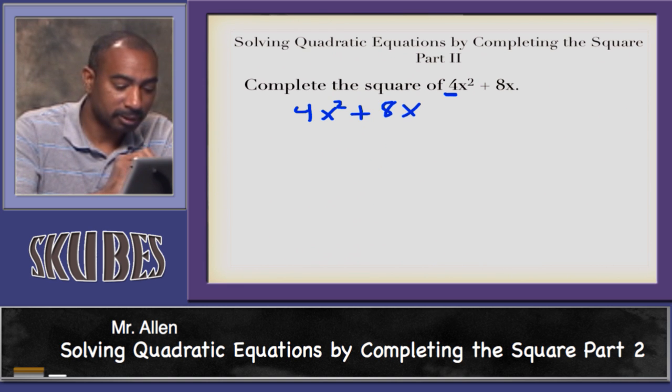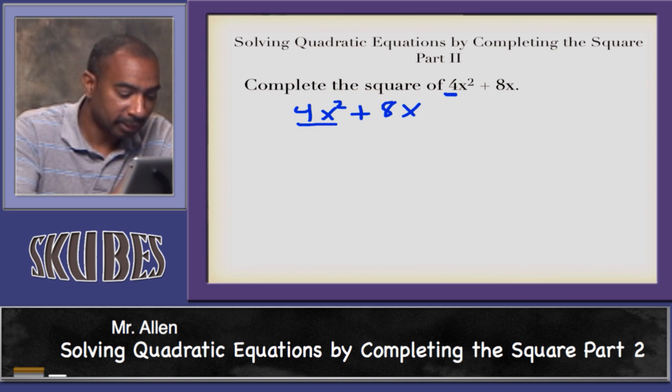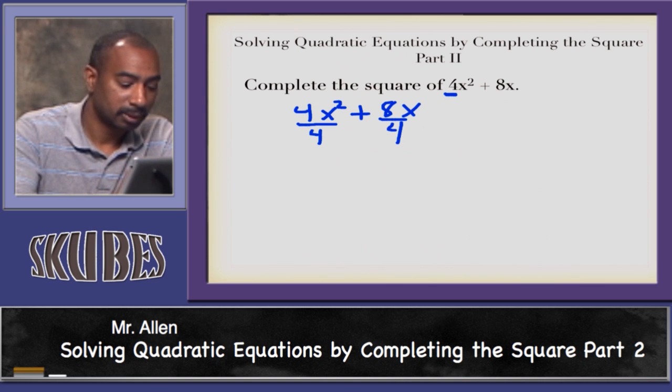You got to make this leading coefficient 1. So you divide whatever is multiplied to x squared to every term. So you have 4x squared, divide everything by 4. 4 divides to itself once, so I get x squared. 4 divides into 8 twice, so I get x squared plus 2x.